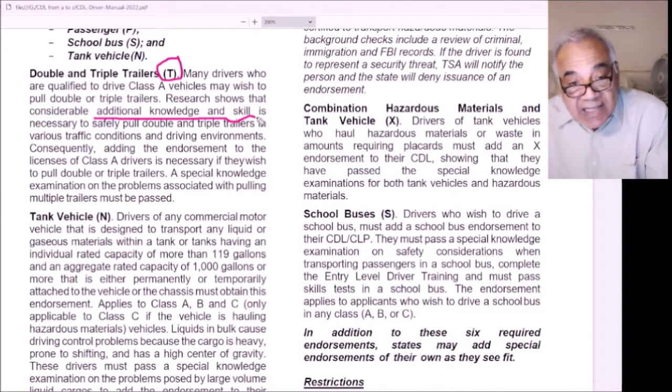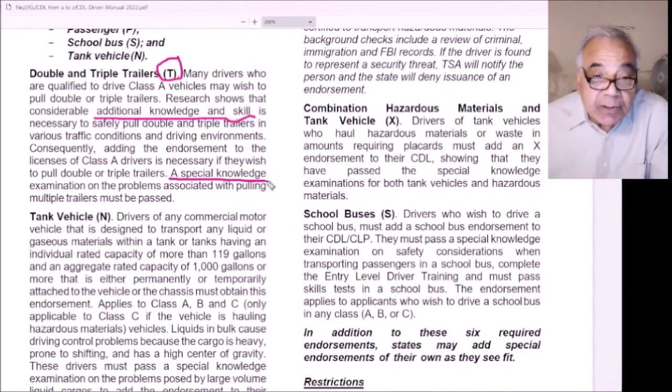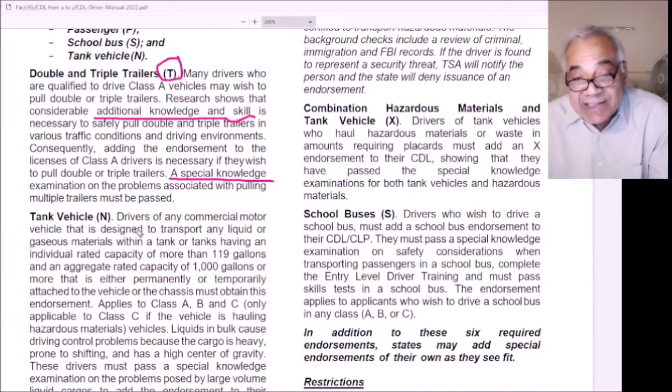The whole idea here is additional knowledge. But you don't go to the Department of Motor Vehicles to be tested on how to perform it practically. You are only going to the motor vehicle department to take the special knowledge test that will give you a permit on the license. So the test is a written test.